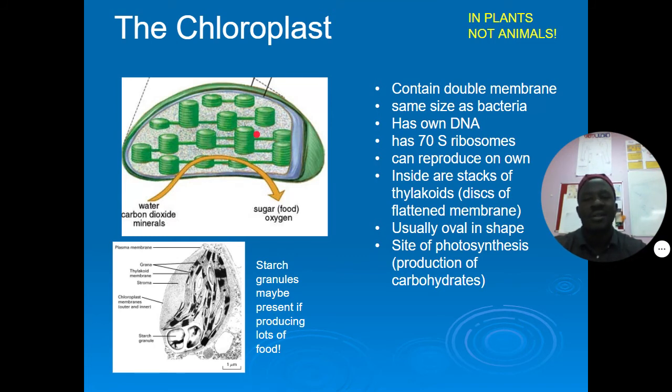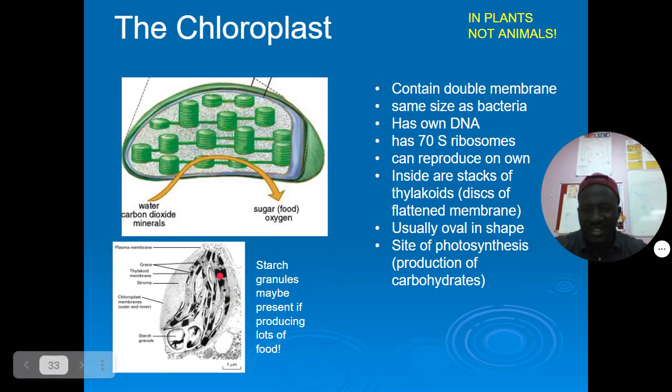It contains ribosomes, which are 70S, and inside are stacks of thylakoids, discs of flattened membrane, usually oval. So a chloroplast is oval in shape, and it's the site for photosynthesis, or production of carbohydrates.